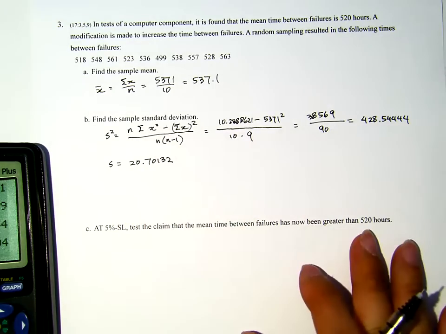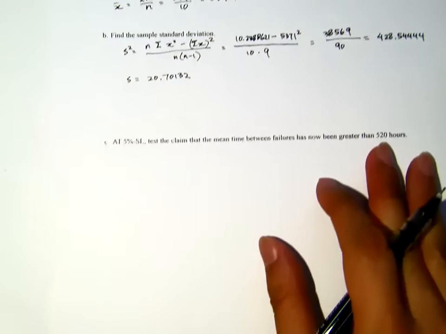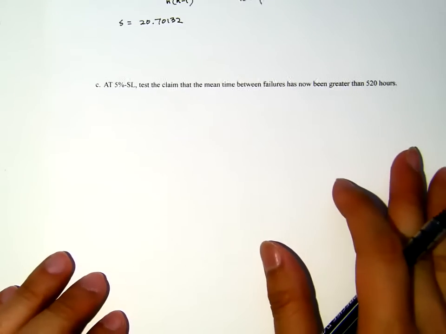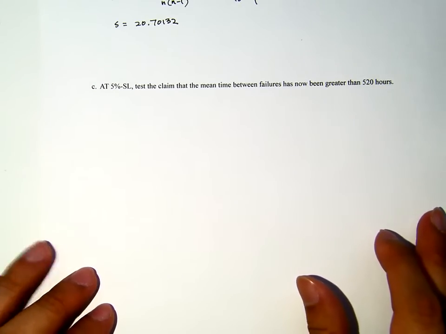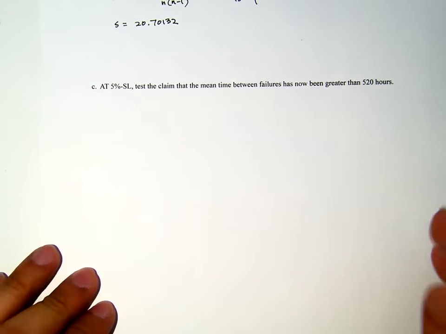Okay, now part C, at 5% significance level, test the claim that the mean time between failures has now been greater than 520 hours.